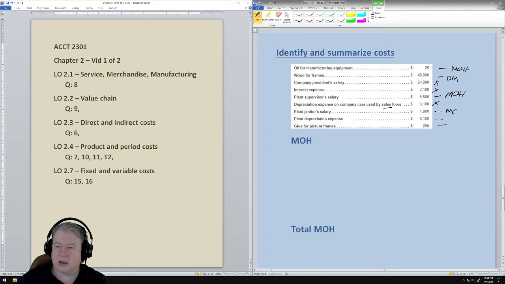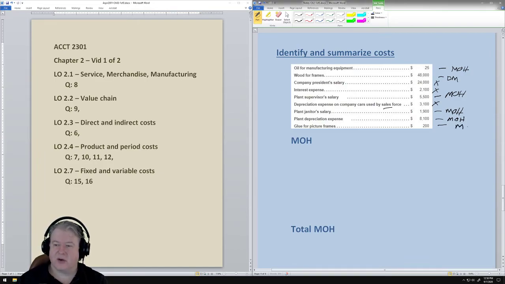Plant janitor salary. Again, manufacturing overhead. Plant depreciation expense. I'm going to say that's also manufacturing overhead. Glue for picture frames. Well, here's an example similar to the nails. We are not going to trace glue. Maybe some manufacturing processes do have it down to that level, but in general, we would say, no, we're going to have a certain amount of glue, and we're just going to say it's approximately 1 ounce per frame or whatever it is.